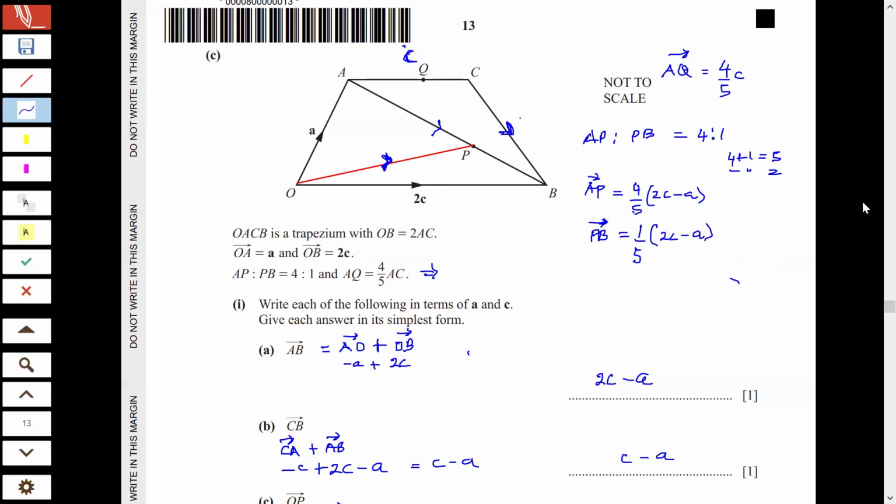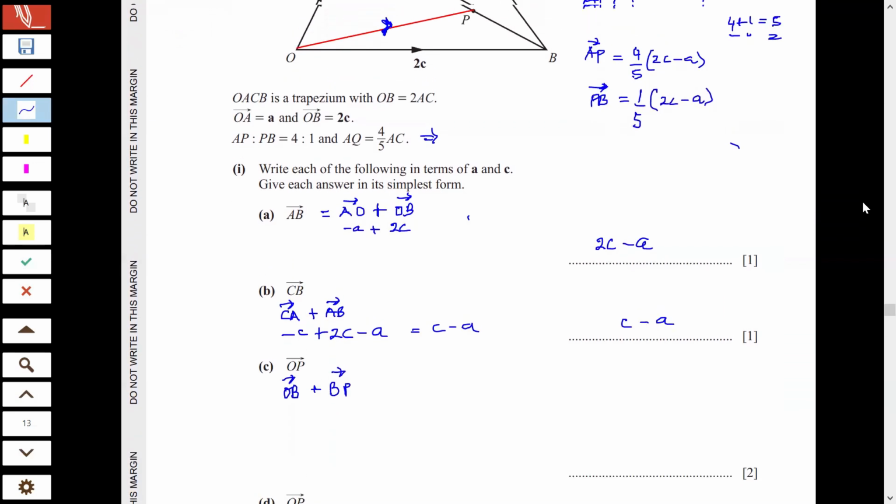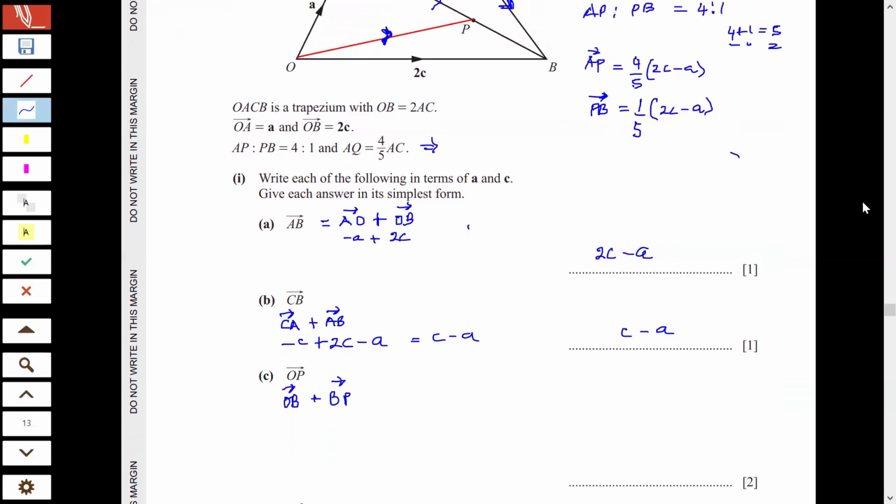So now let's move on to vector QP. Vector QP is vector OB plus vector BP. So what's OB? OB is given by just 2C, as you can see on the diagram. Then we have plus BP.